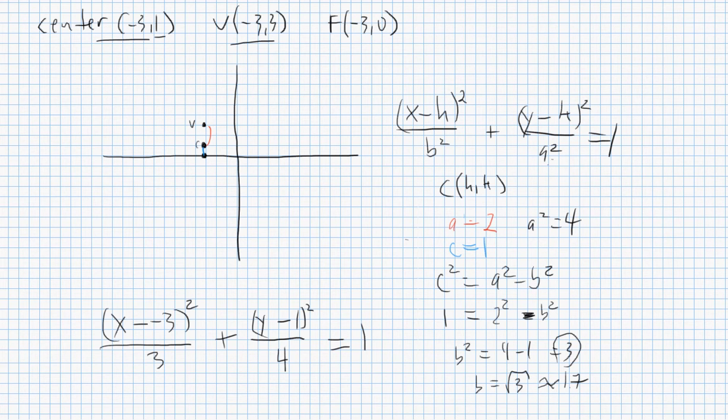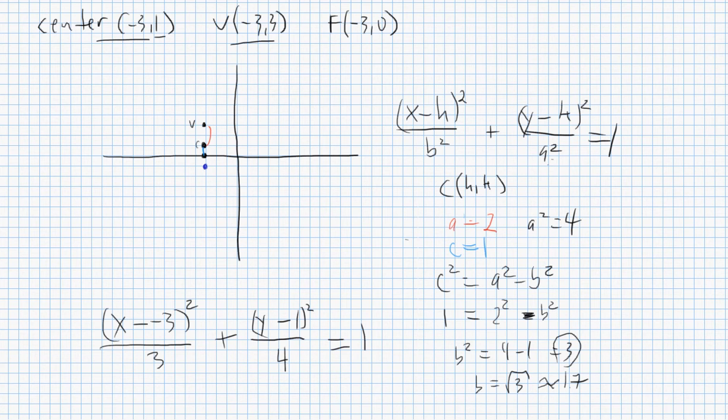Now we don't have to do a whole lot extra to finish the graphing, but I'll go ahead and do this in a different color to help us see it better. If this is the center at (-3, 1), and it's 2 units up to the vertex above, it has to be 2 units to the other vertex below.